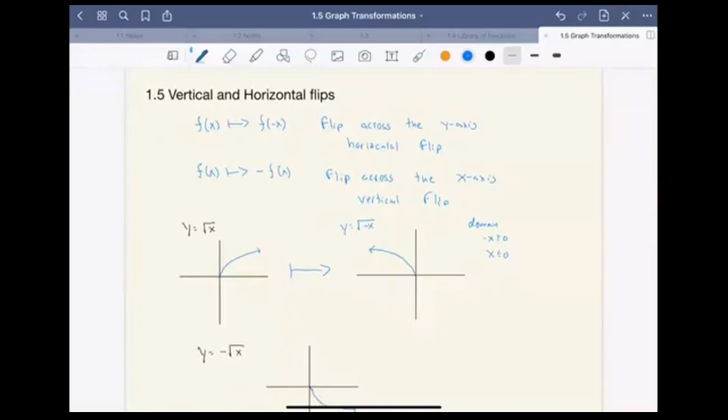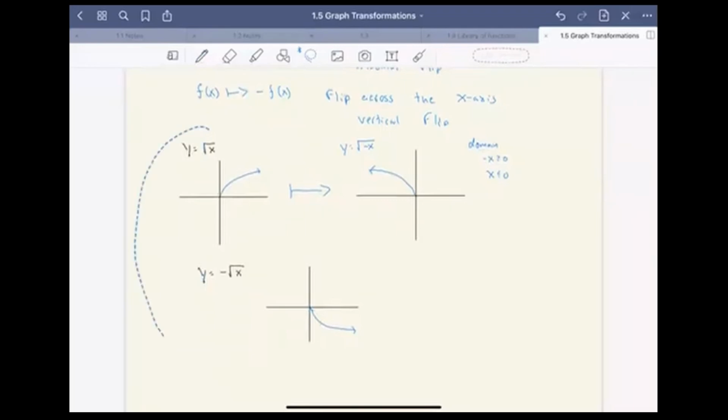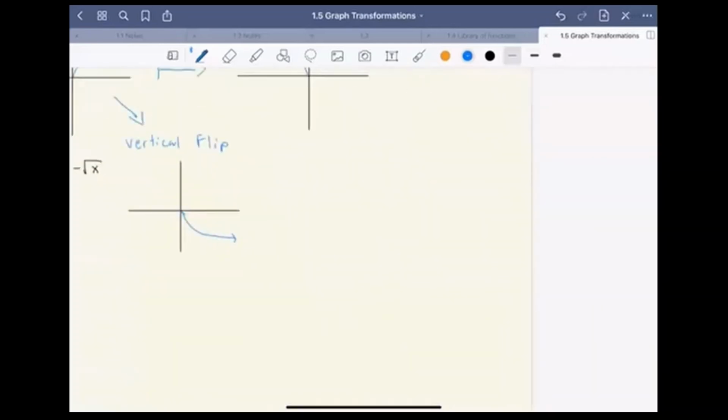Let me move this so that the words don't get caught up. So this was a horizontal flip. And here we had a vertical flip. Let's move this over to there. There. Okay. All right. Let's put all of this together.